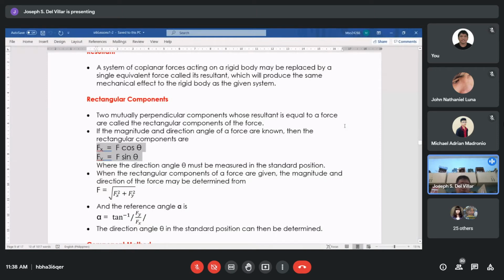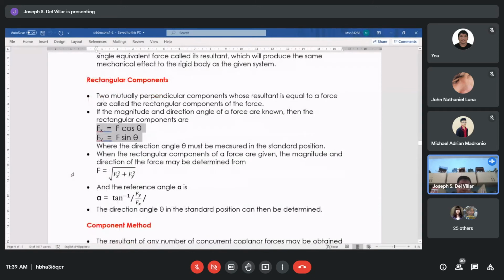Pero kung along the y yung angle theta, then there will be a reversal of these two functions. So pag Fx, magiging sine to. Pag Fy, cosine naman dito. So nagre-reverse sila, kapag yung angle theta is referenced along the vertical or along the y.